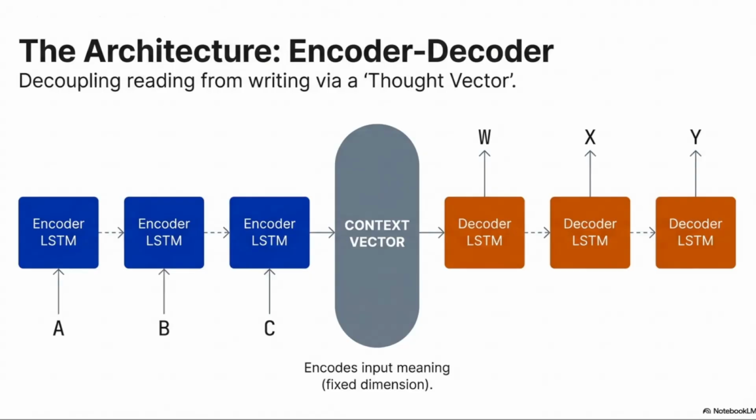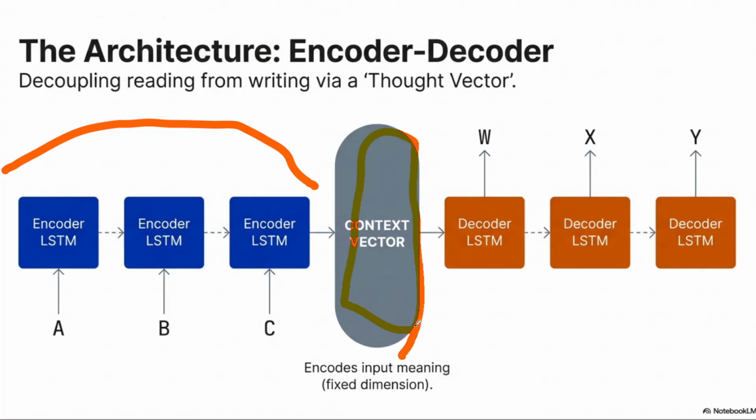To solve the variable length problem, we'll use an encoder-decoder framework, as we said. We'll split the model into 2 parts. The encoder part will read the input sequence 1 token at a time and compress it into a fixed dimensional vector representation.